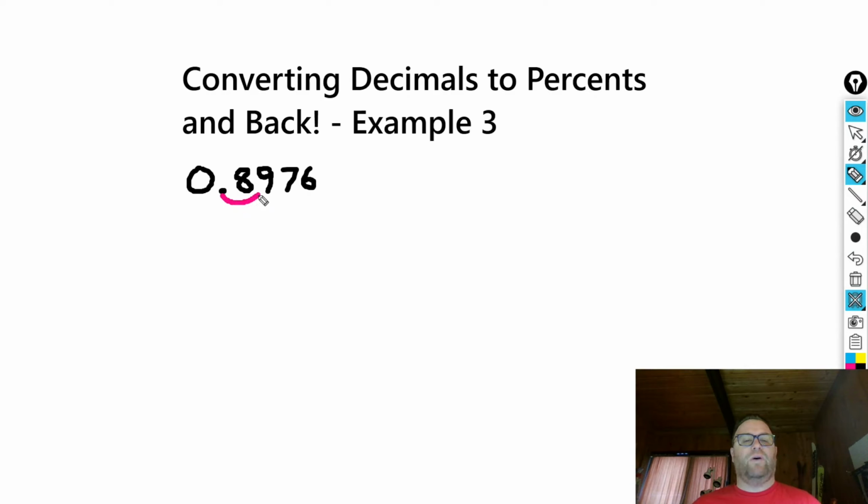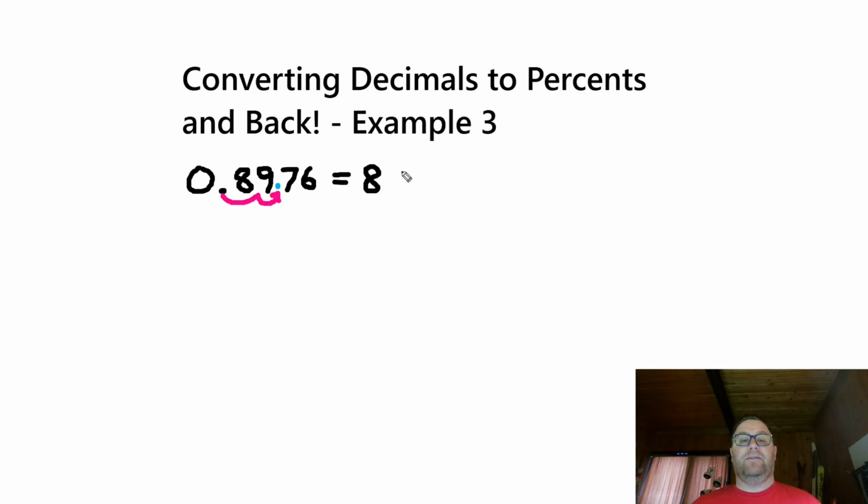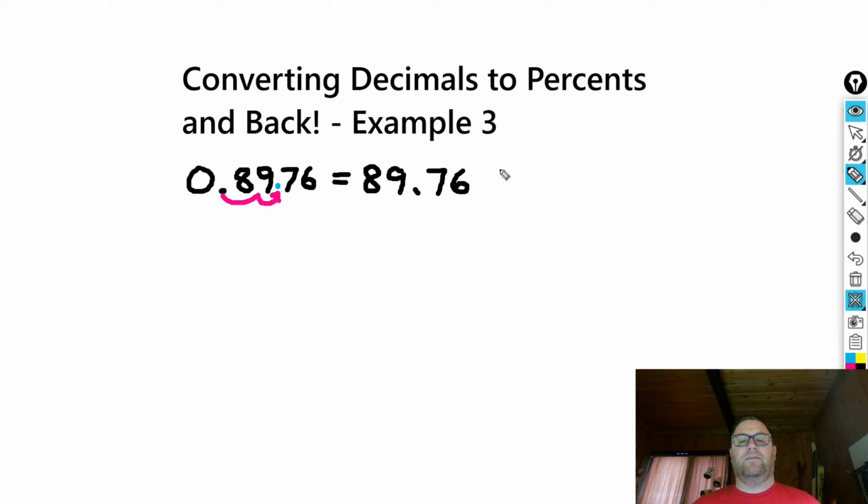So we're going to go 1, 2, and place our decimal point right between the 9 and the 7, right there. So as a percent, 0.8976 is 89.76%. And it's as simple as that.